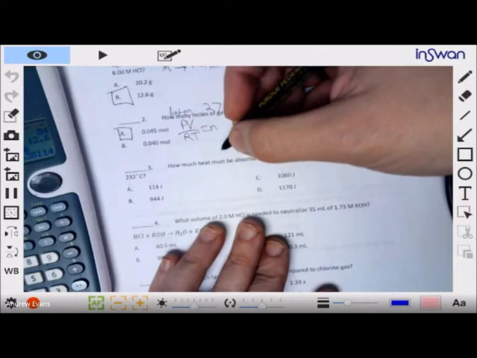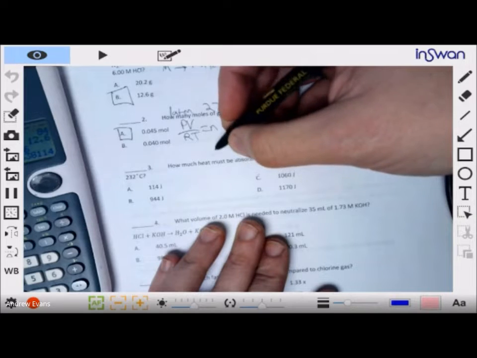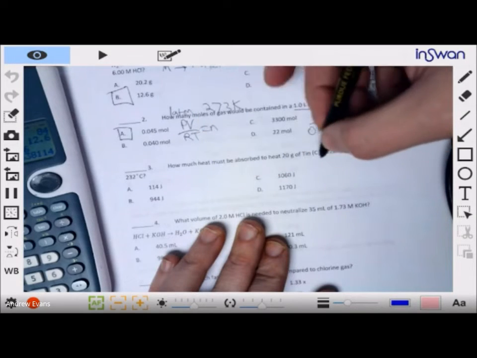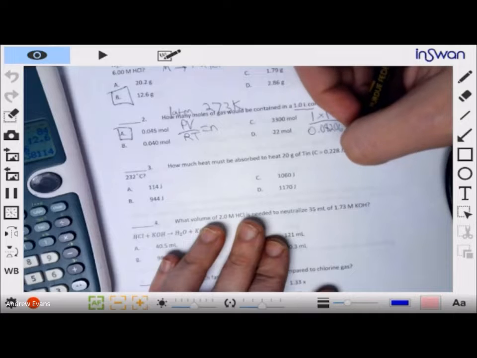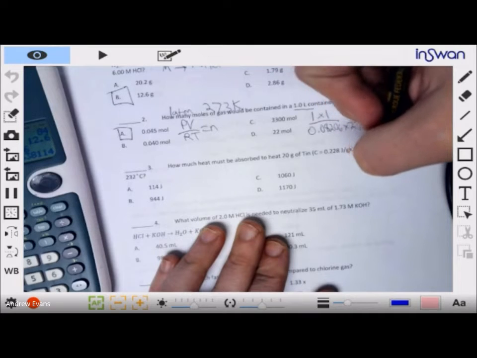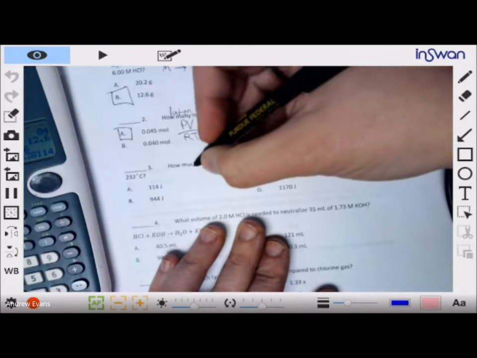0.045 moles. How much heat must be absorbed into 20 grams of tin, heat capacity of 0.228 joules per gram Kelvin, to heat it from 25 to 232 Celsius?